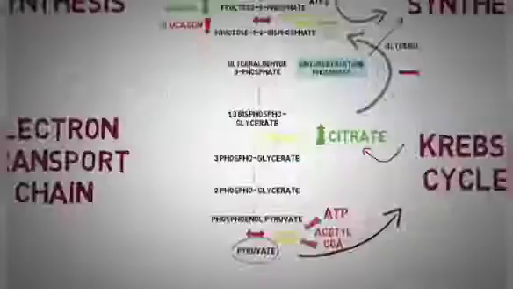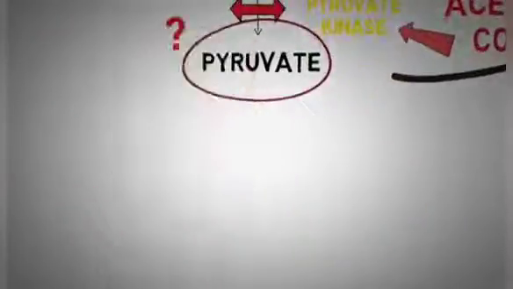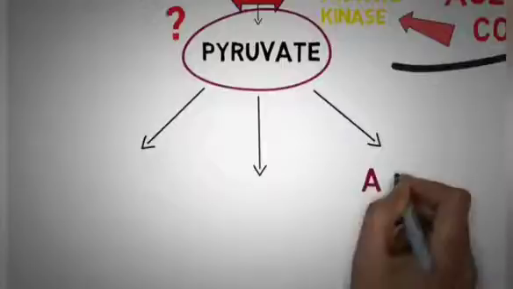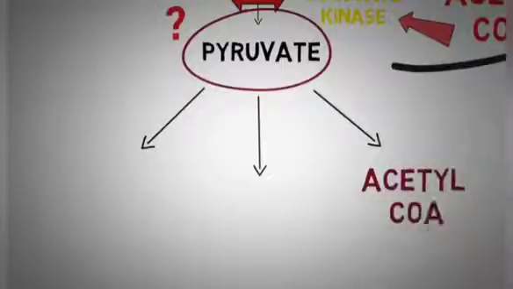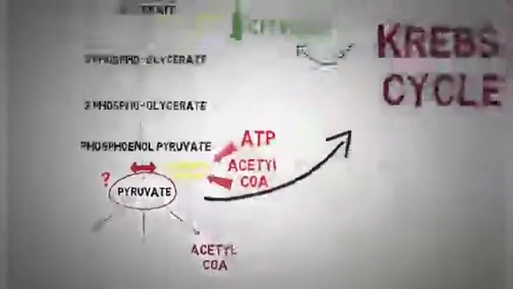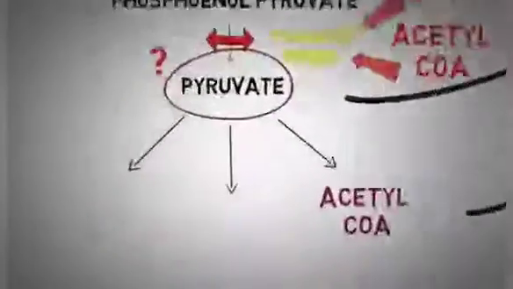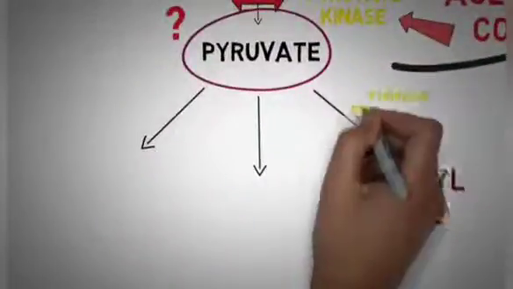Now we'll come to the last topic in the video, that is what happens to pyruvate next. See, the pyruvate has mainly three fates. First, it can be converted into acetyl-CoA, which is further used in the Krebs cycle. This is done by the enzyme pyruvate dehydrogenase.